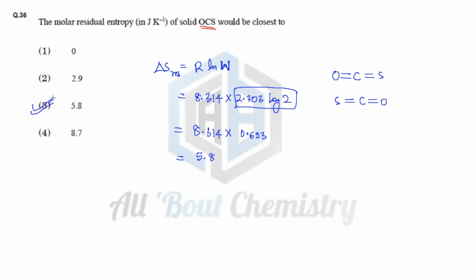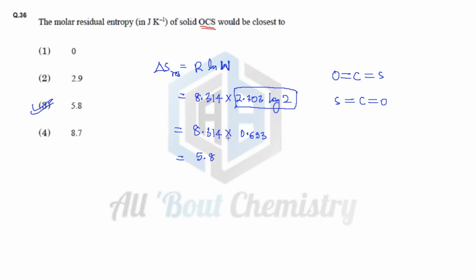Now, how to approach the answer. Obviously the answer is not going to be 0 because you have some numbers. And since you are multiplying with a number smaller than 1, the value will not be greater than 8.3, so it cannot be 8.7 either. So that option and this option get cancelled out.